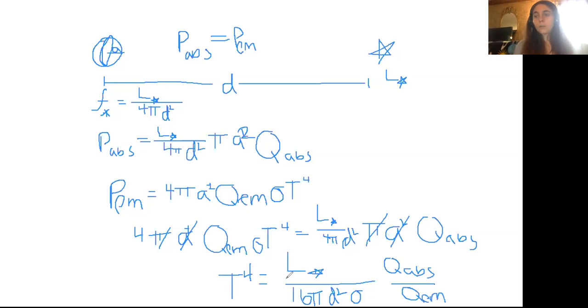And then we can take the fourth root of both sides to get an actual temperature. So that's our little derivation for today, how we get a dust temperature.